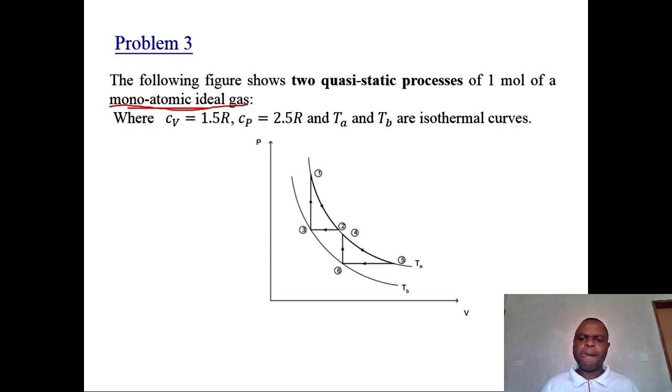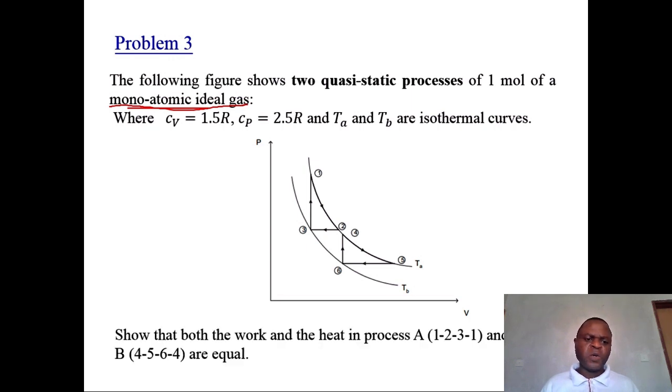monoatomic ideal gas. Show that both the work and the heat in process A, that is, from 1 to 2 to 3 to 1, and the heat and work from 4 to 5 to 6 to 4, should be equal under this scenario.